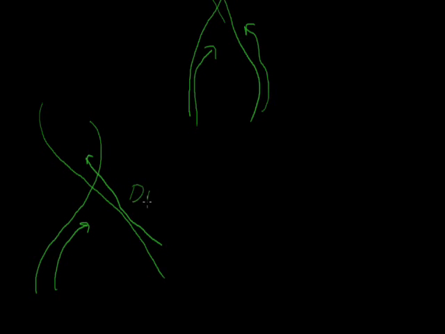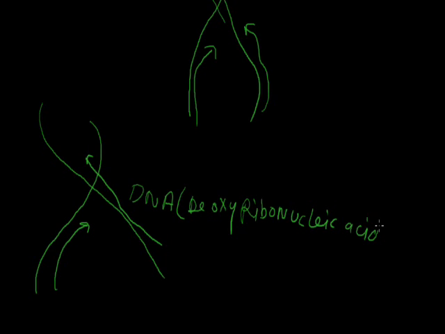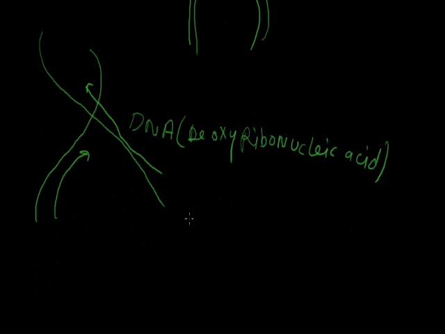These are the DNA, deoxyribonucleic acid. These are very important. Later on we will discuss DNA, but right now we just have to have an imagination of the DNA, that every thread of a chromosome is basically formed of DNA.